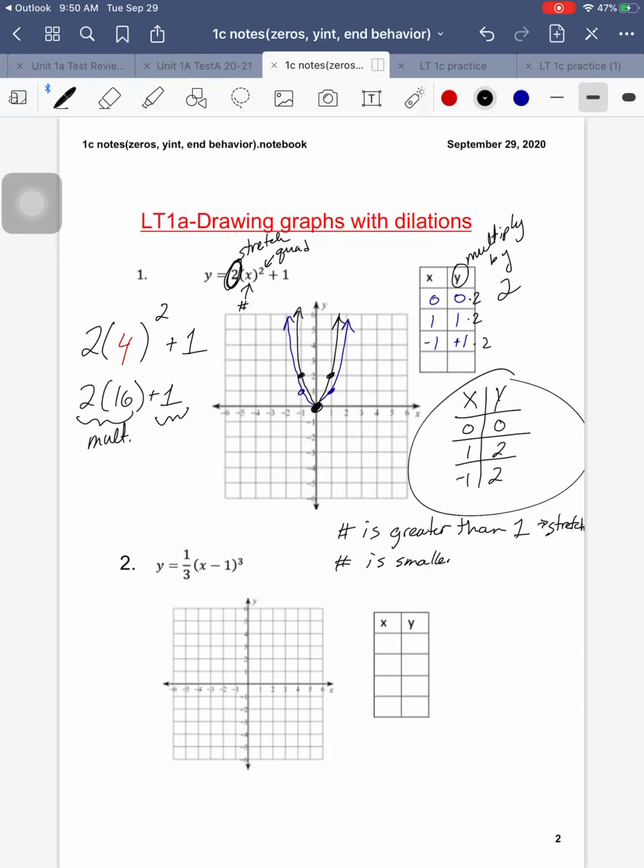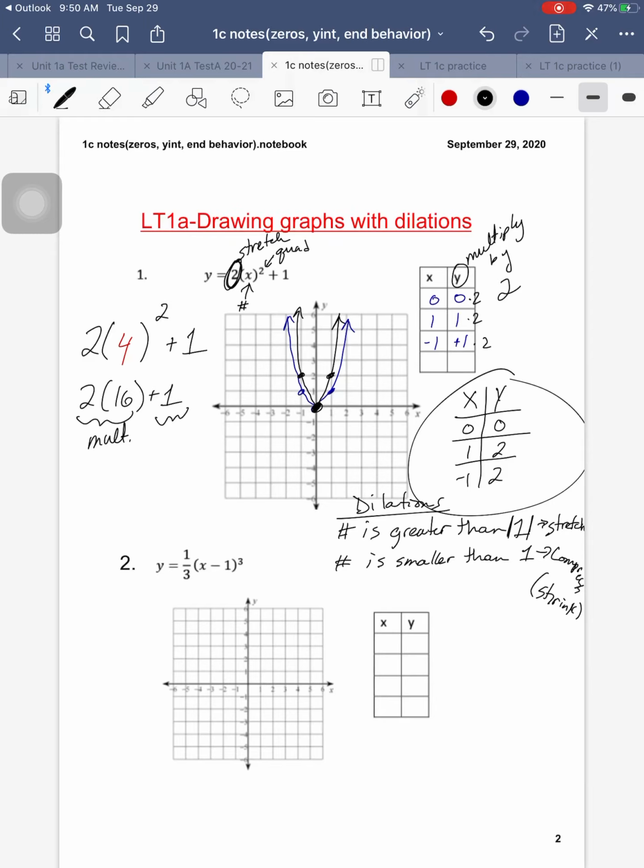If the number is smaller than 1, it will compress or shrink. This is dilations.